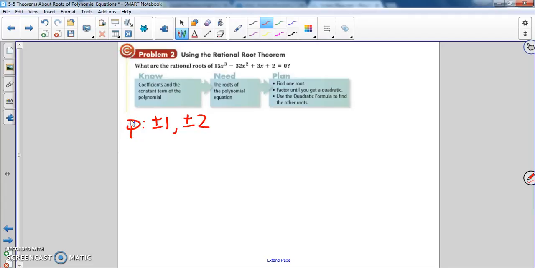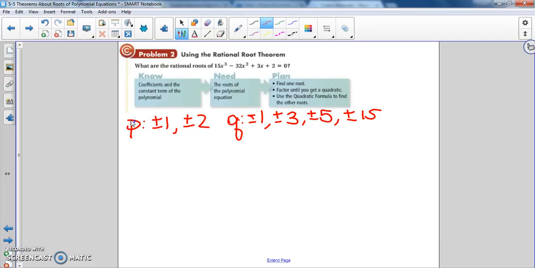Then for q, the leading coefficient factors are positive and negative 1, positive and negative 3, positive and negative 5, and positive and negative 15.